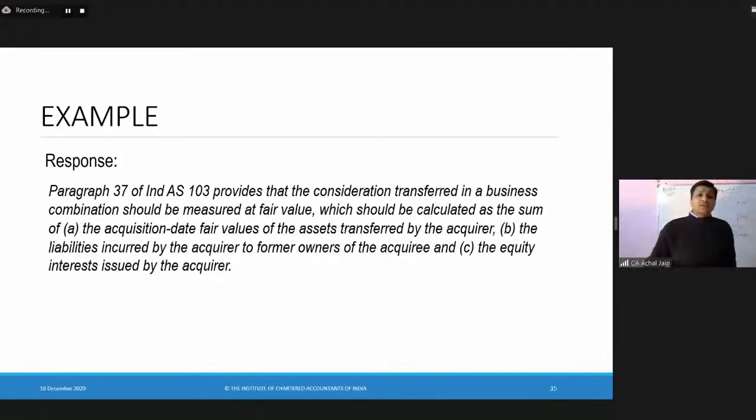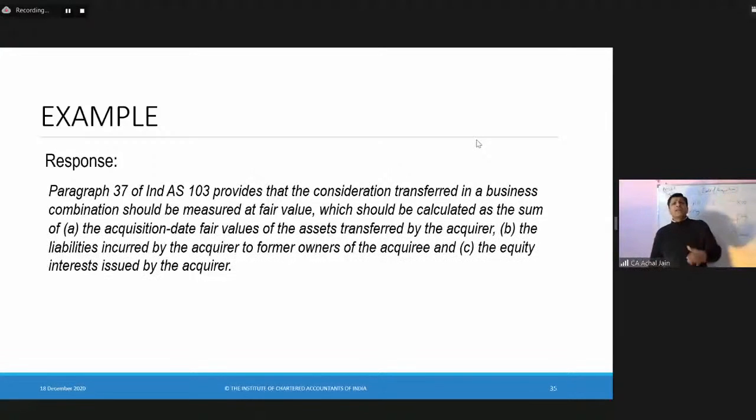Ind AS 103 requires that the consideration transferred in a business combination should be measured at fair value, which should be calculated as sum of acquisition date fair value of assets transferred by the acquirer, liabilities incurred by the acquirer, and equity instruments by the acquirer.